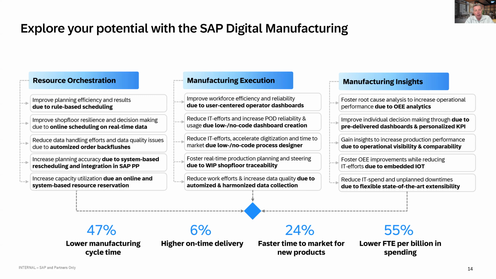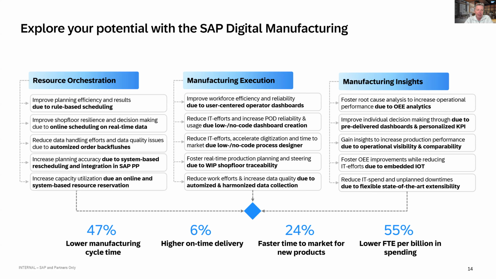Then also, you will have a lot of capabilities to do what we call new product introduction. So you will be able to reduce the ramp up to the full production and the time to market by 24%. And as well, it is proven that you will be able to produce more with the same number of FTE.